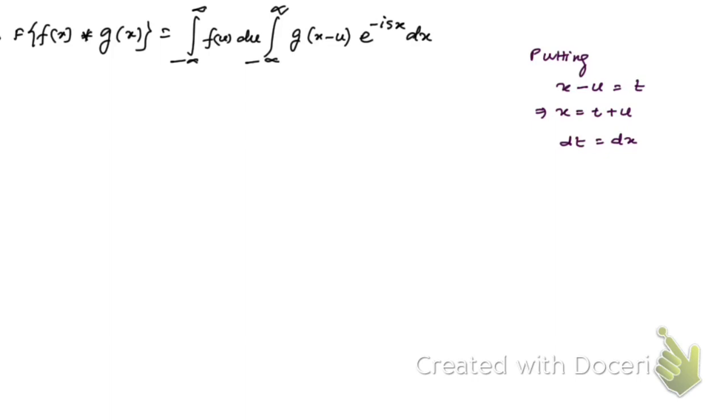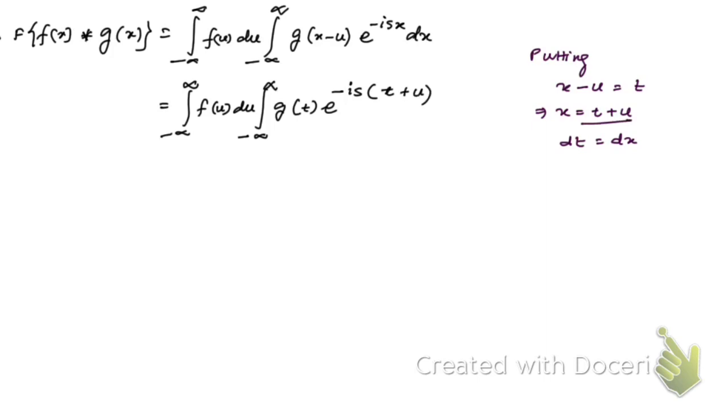Now you see, here x minus u is replaced by t, and f of u du. Here we're going to have z of t, because x minus u is replaced by t. Then e to the power minus isx; instead of x we're going to have t plus u. dx is replaced by dt.